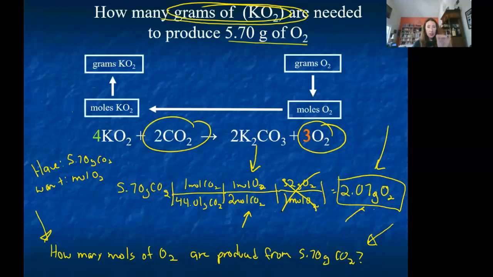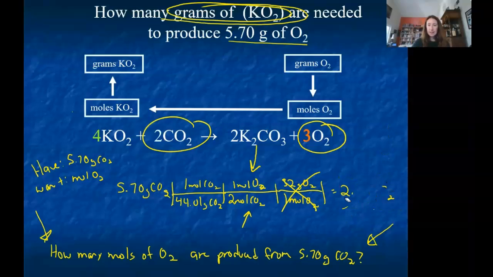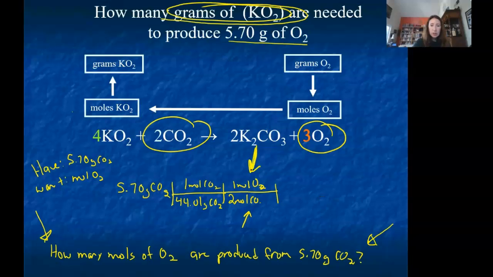A lot of times when we get really good at this, we go so fast that we give the right answer to a question that was not asked. If I had asked grams of oxygen, that would have been right. I didn't ask that, right? The question asked for moles of oxygen, right? We were done right here. We did not need to go any further.